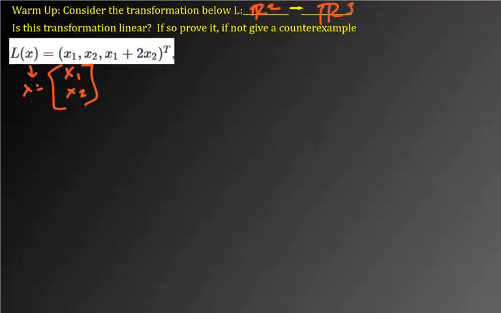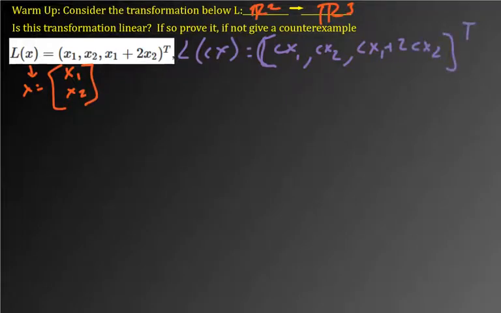I'm going to start off with the scalar property. L of c times x is basically the matrix cx1, cx2, and then x1 plus 2cx2, right?